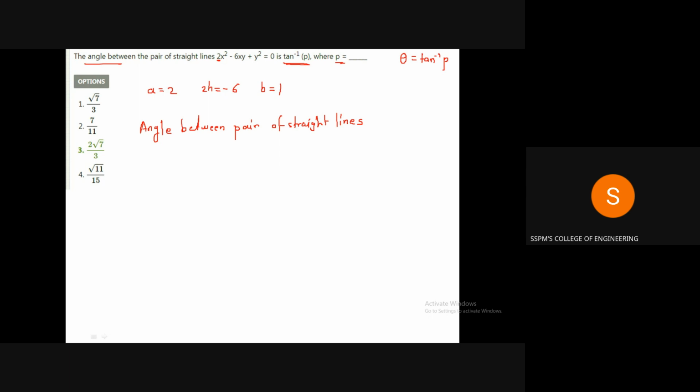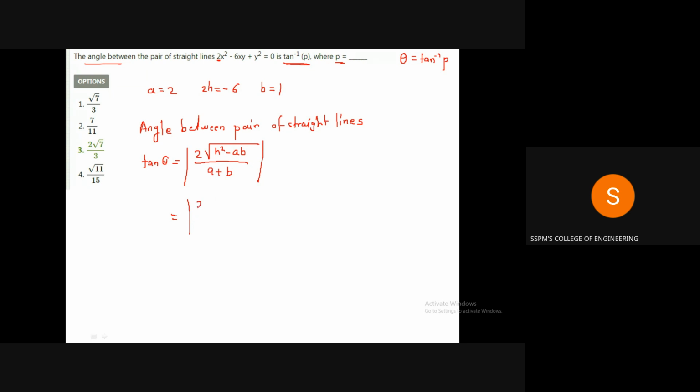Angle between pair of straight lines is given by tan of theta is equal to mod of 2 into root h square minus ab divided by a plus b. Remember this formula, write it down. Now we will put all the values in this formula.